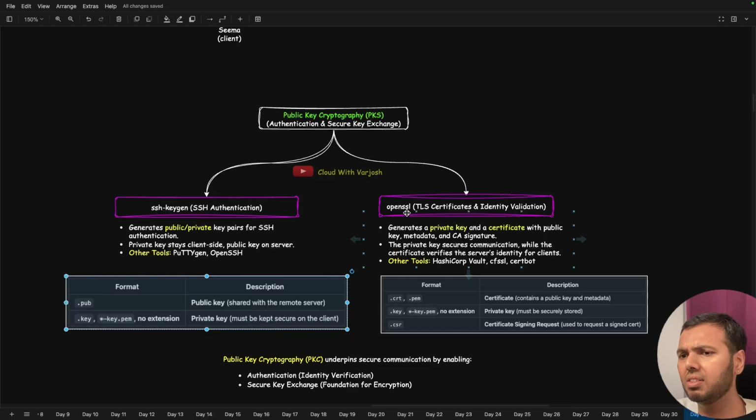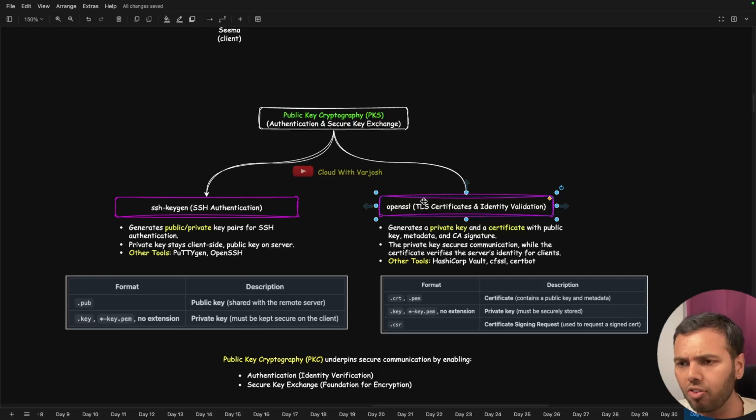Now let's discuss OpenSSL. Firstly, I said that we are going to discuss SSH and HTTPS protocols. But here I have mentioned TLS, not HTTPS. When I talk about HTTPS, the S stands for secure, hypertext transfer protocol secure. And the secure part is there because there is TLS that is working behind the scenes to provide both authentication and secure key exchange for HTTPS.